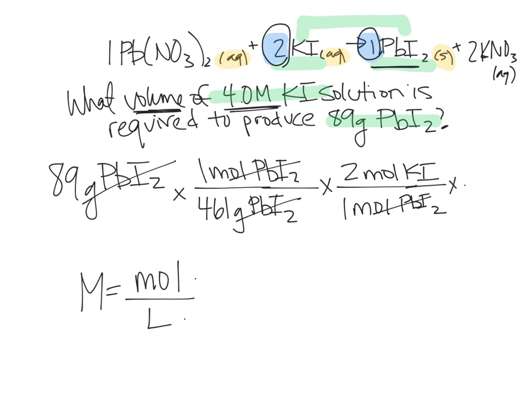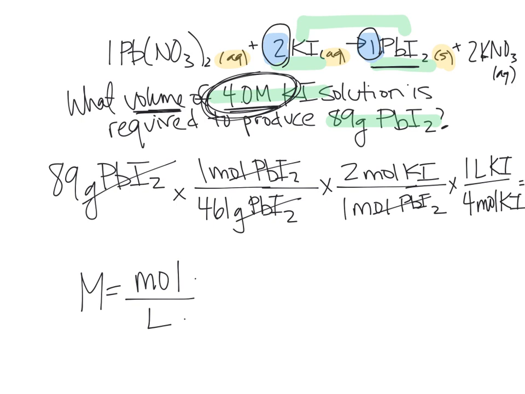So for potassium iodide, if it's a 4 molar solution, that means there are 4 moles of potassium iodide for every 1 liter of solution, which makes it pretty easy. You're still just canceling out units as you go. Those first 2 steps we learned in first semester. That last step of using moles and liters as a conversion factor is the new piece here in this unit.